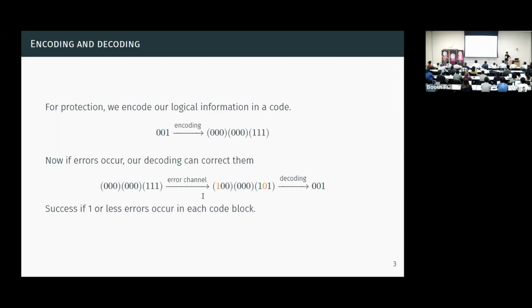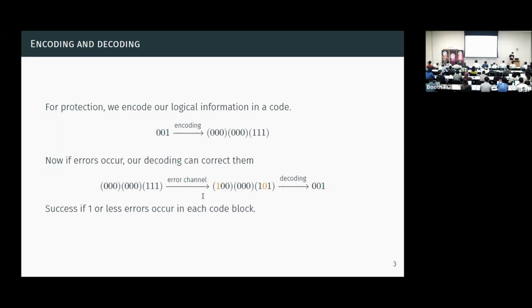Now, if in our error channel, so the network, your router screws up or something, or a cosmic ray hits your memory or something like that, some of the bits get flipped. Okay, so if in our error channel we have a few bit flips, in this case I picked them to be at most 1 per code block, so we can actually correct the errors.